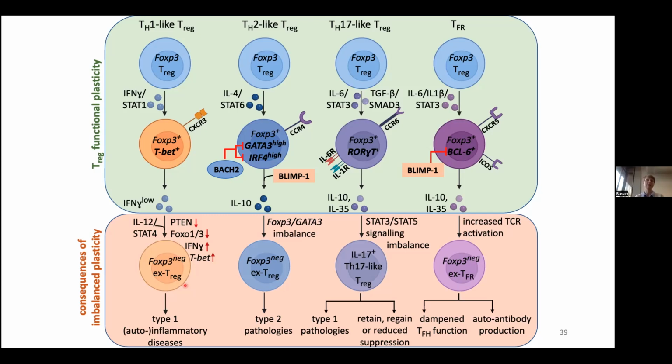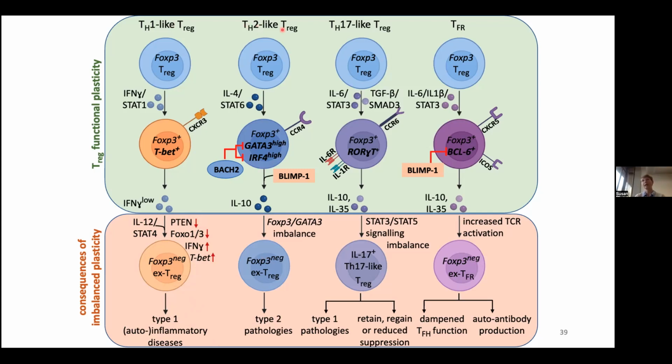And these X-Treg have been demonstrated to contribute to and drive different inflammatory diseases, different pathologies. For Th1-like Treg, that can result in the downregulation of PTEN. I've mentioned that already. FOXO1/3 are not properly localized in the cells, and then that gives rise to type 1 autoinflammatory diseases.